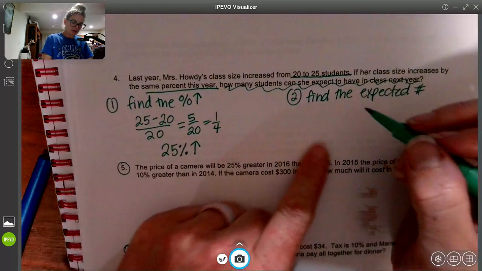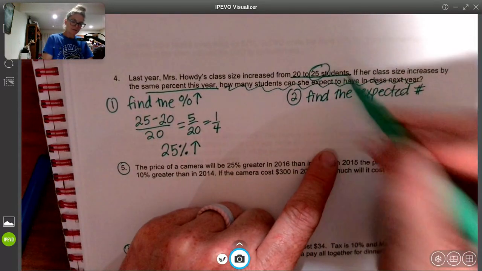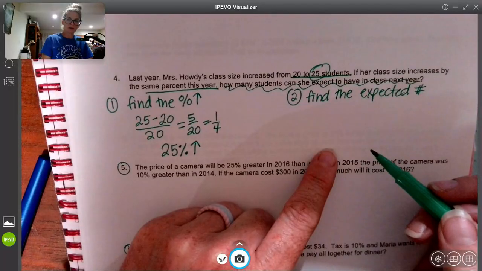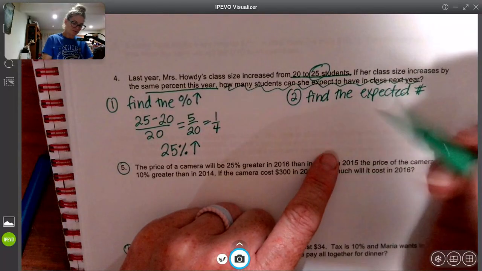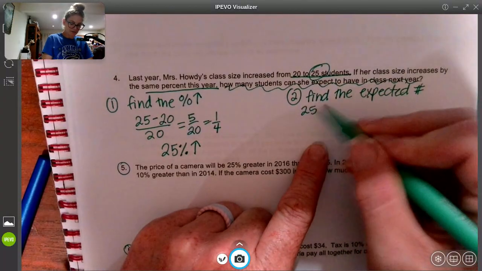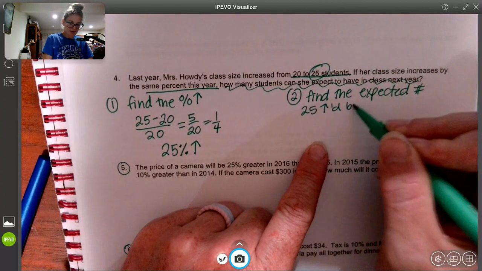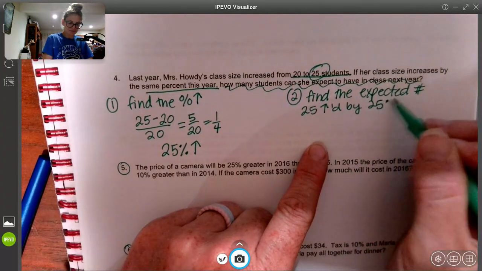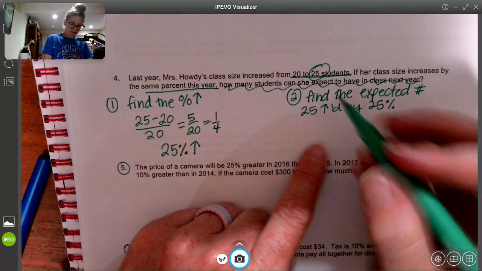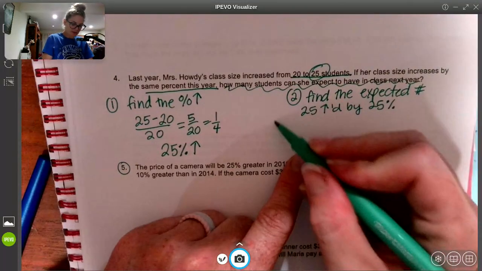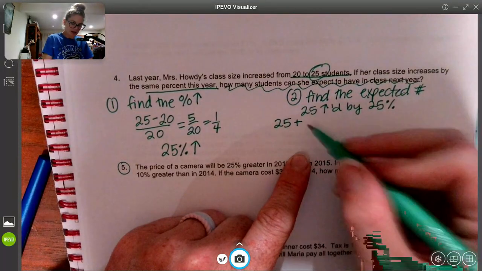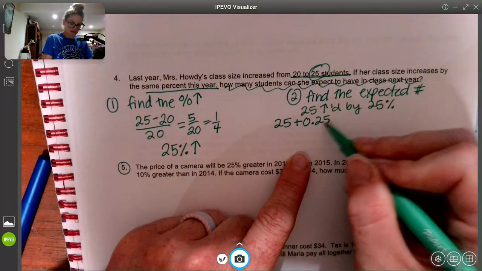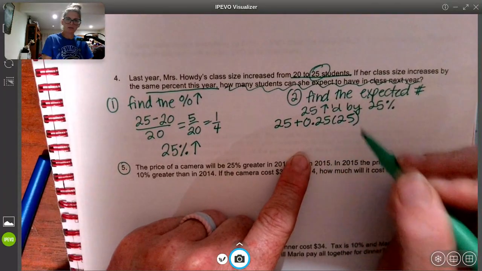So this is a 25% increase. So what are we doing? We are taking 25, which is her new number, and increasing it by 25%. So there's two ways we can do that. We can take 25 and add 25% of 25. Too many 25s.